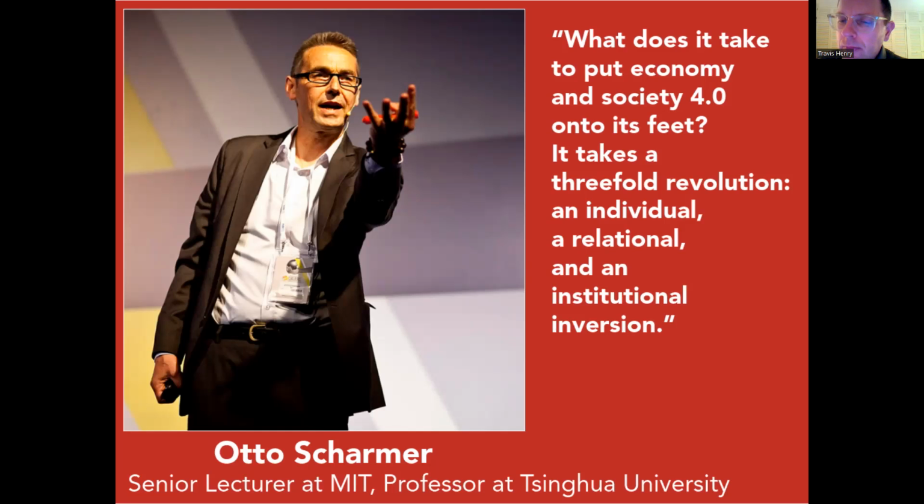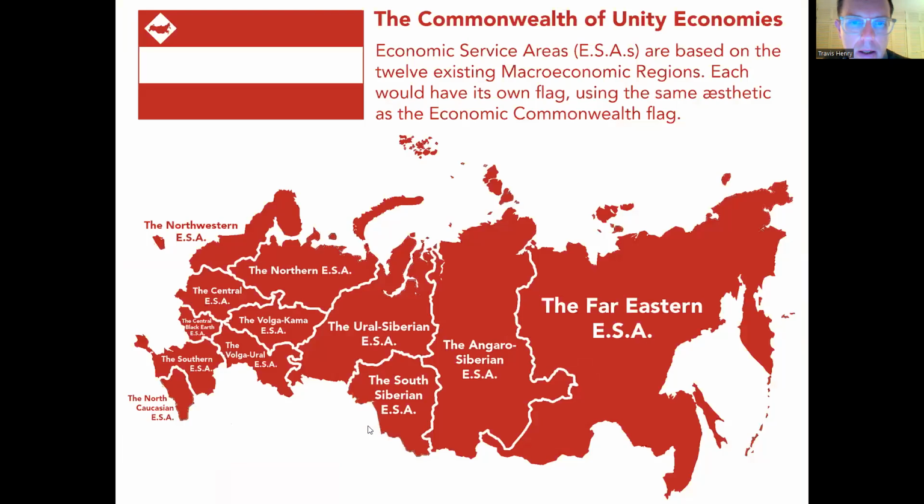He says here, what does it take to put economy and society 4.0 onto its feet? It takes a threefold revolution: an individual, a relational, and an institutional inversion. Otto Scharmer is familiar with the threefold Commonwealth idea, and he's speaking from that ethos.